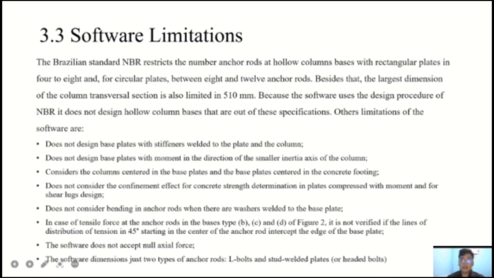Besides that, the largest dimension of the column transversal section is also limited to 510 mm. Because the software uses this design procedure, it does not design hollow column bases that are out of these specifications.